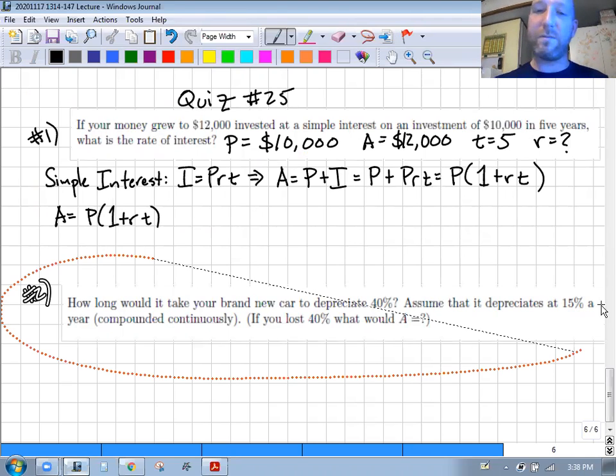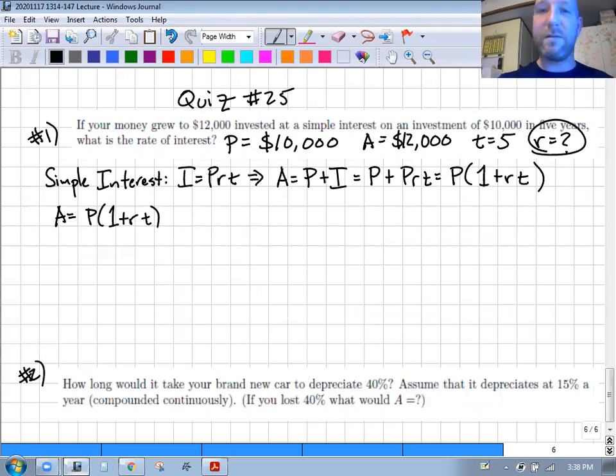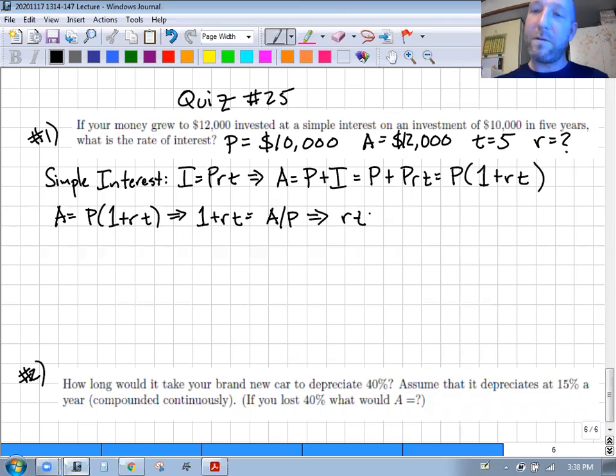They want to know what R is. So if we rearrange this to get R, we have 1 plus RT equals A divided by P, dividing both sides by P, right? So if we subtract 1 from both sides, we get that.